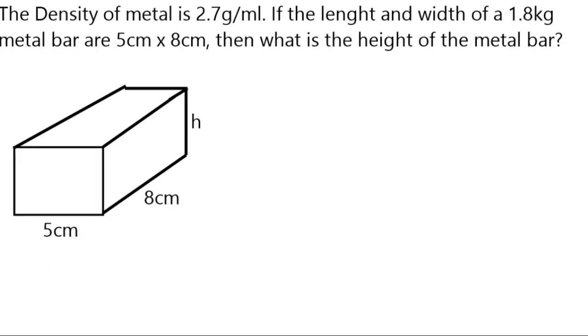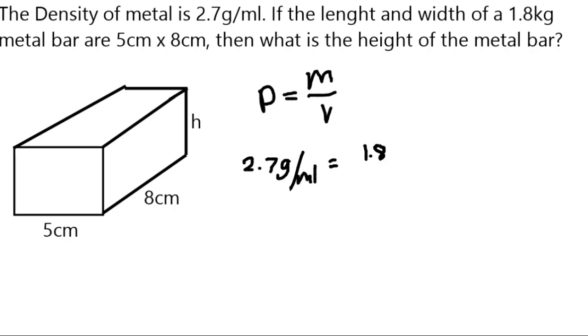The density of metal is 2.7 grams per ml. If the length and width of a 1.8 kilogram metal bar are 5 centimeters by 8 centimeters, then what is the height of the metal bar? So as density is equal to mass over volume, our density is 2.7. We're just going to plug it in. And 1.8 kilograms is our metal bar.